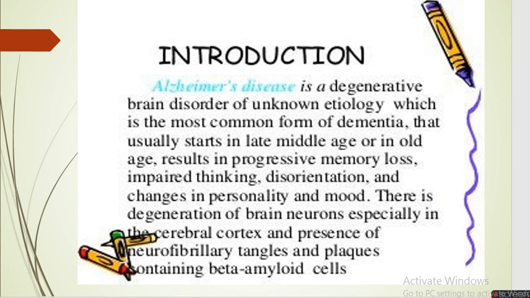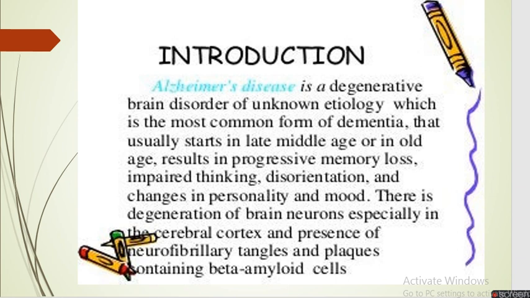Progressive memory loss: the patient slowly loses memory, or has a forgetting problem. Impaired thinking: the patient cannot think well. The patient becomes disoriented and doesn't know where she is, who is around her, or what's going on around her. So the patient is disoriented to time, place and person, and there is a change in personality and mood.